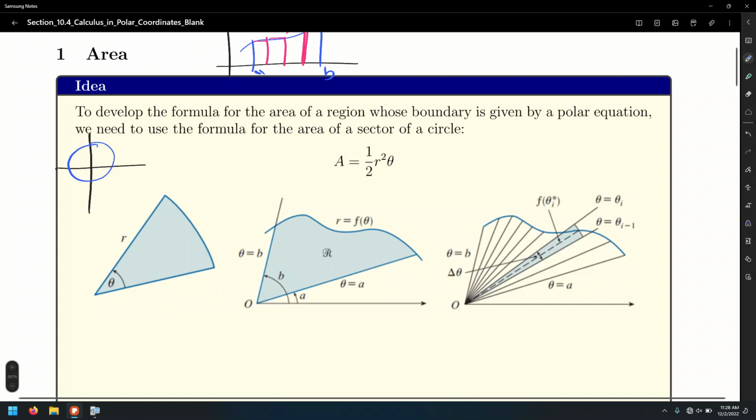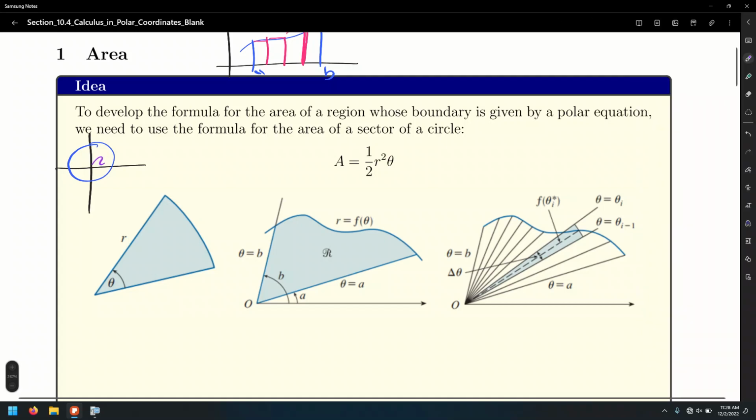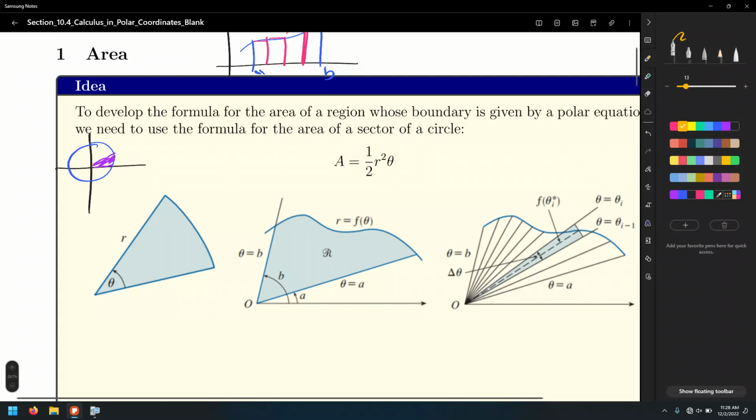That's pi r squared. But if we wanted to partition this into one circular sector plus the area of another circular sector plus the area of another circular sector, essentially add those circular sectors, that's going to give us the total area, right?